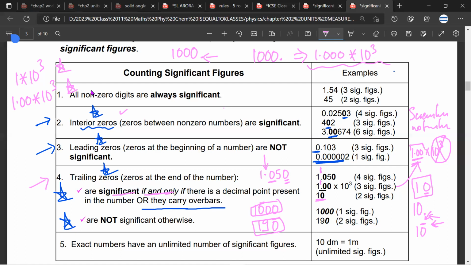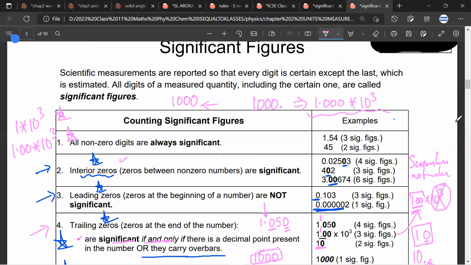For example, when you write the speed of light as 3 into 10 raised to power 8, I know that there is only one significant digit. Avantika, are we clear? Yeah. But if I write 2.9 into 10 raised to power 8, then I know that there are two significant digits. Are we clear? Yeah.